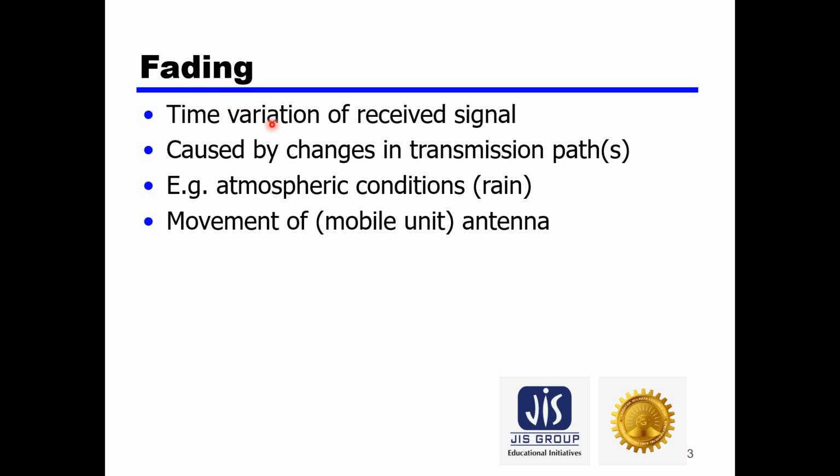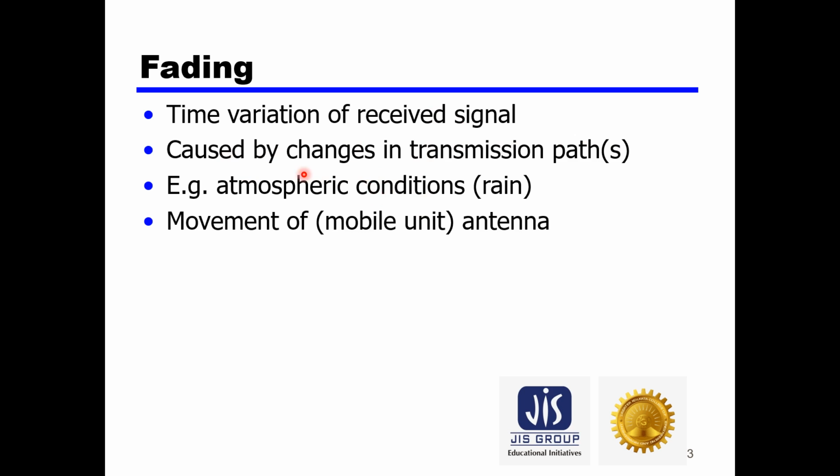With time sometimes the amplitude becomes more, and sometimes you receive less. Fading is caused by a change in the transmission path. Sometimes the signal propagates along the line of sight, in a straight line. Sometimes it is reflected from a building and goes to the destination along a bent path. That's why it is caused by a change in transmission path.